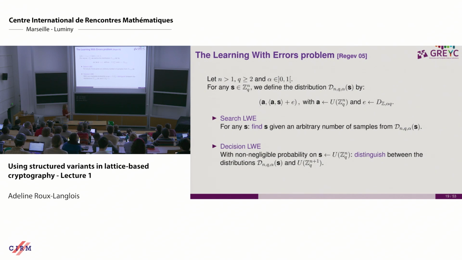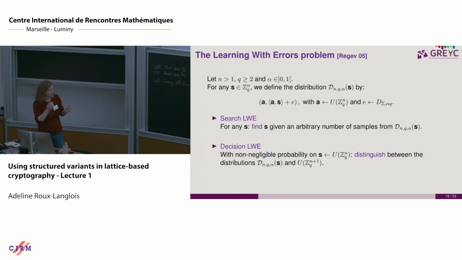The search variant is: for any S, I give you an arbitrary number of these samples, and you have to find S. So it's really what I saw before, a system of linear equations, but with noise. The noise is a Gaussian. I give you an arbitrary number of those equations, and you have to find the secret.